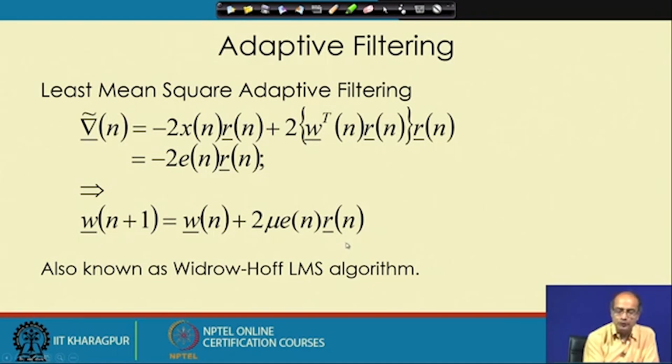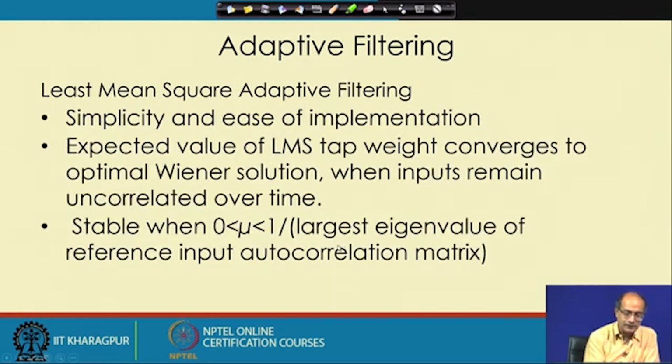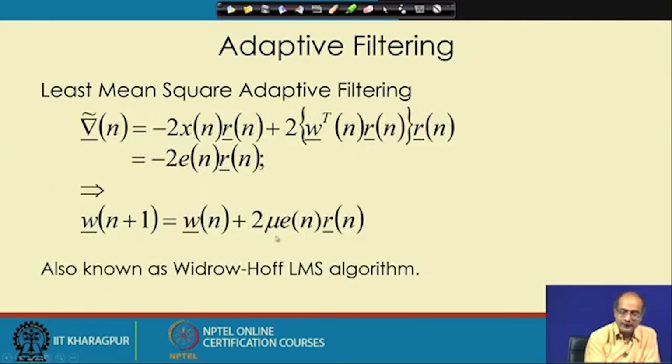What do we need to compute? We need to compute the error. In fact, that is the output. So, in any case we need to compute that, and the reference vector for that interfering noise we have already taken to compute the output of the adaptive filter.